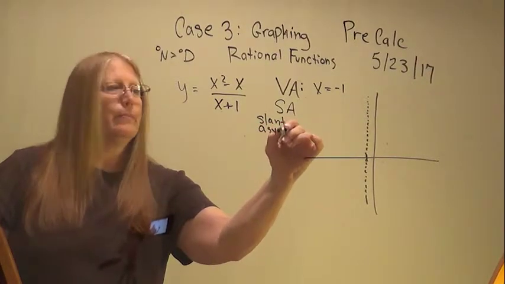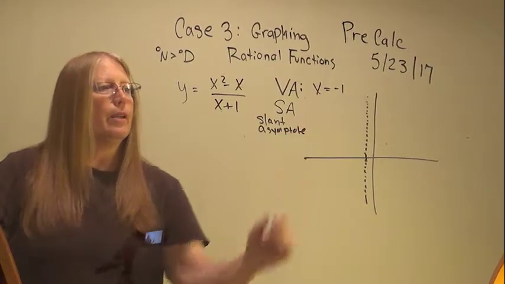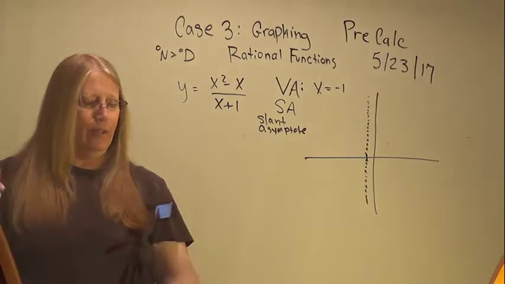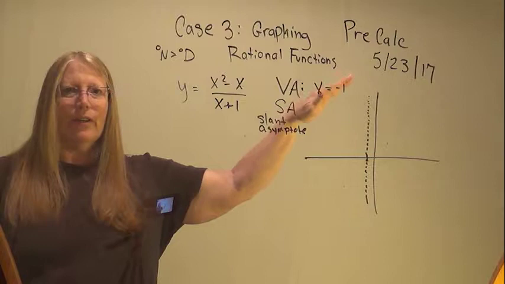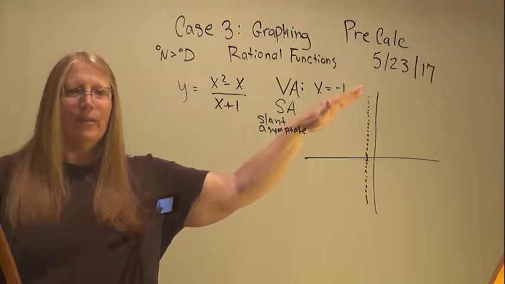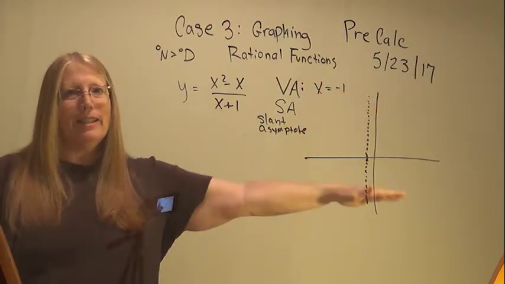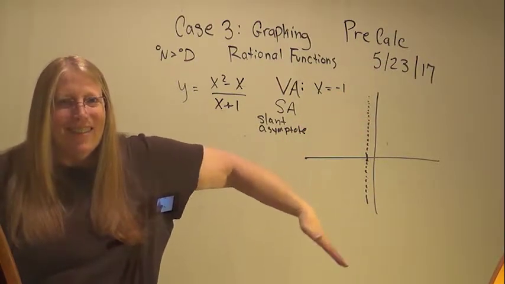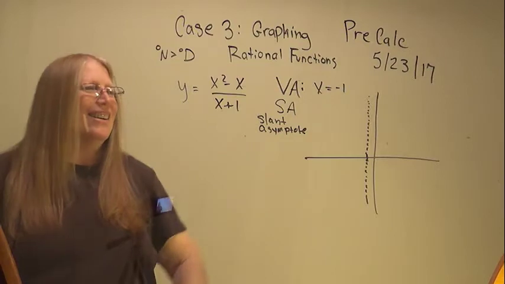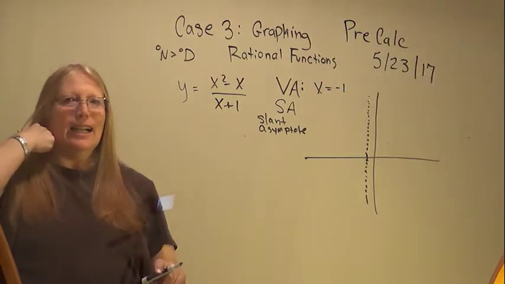Who knew? So instead of having an asymptote that goes horizontally, we're going to have a slanted asymptote. We will have a vertical one, but instead of a horizontal, it's going to be slanted this way or that way. So it's going to be at a diagonal.